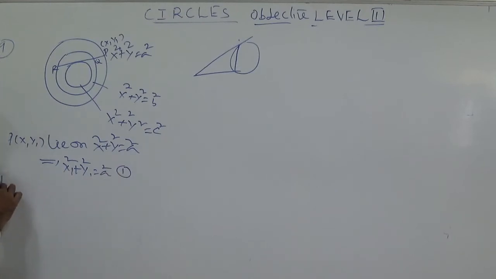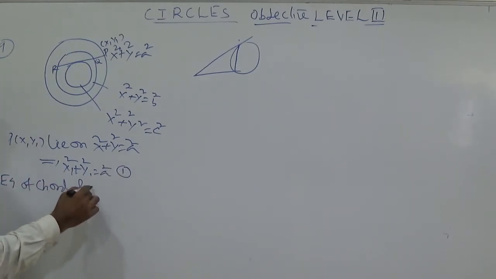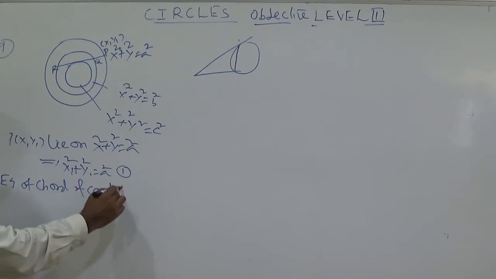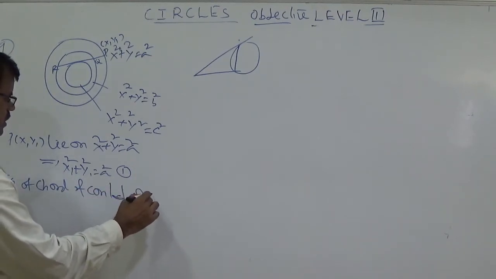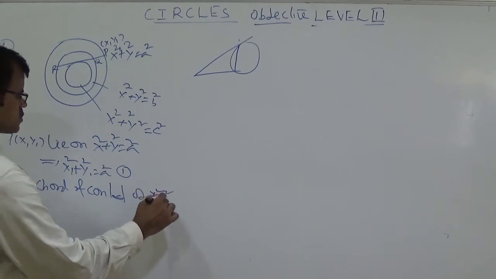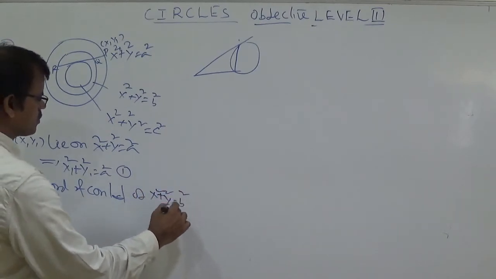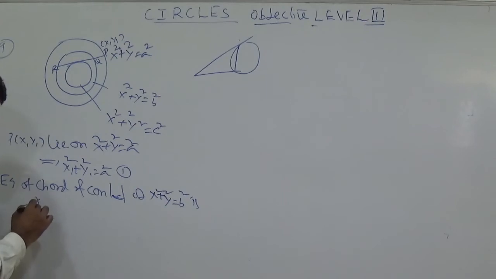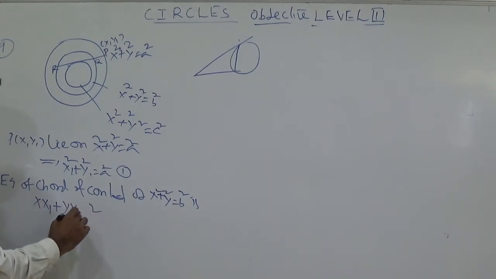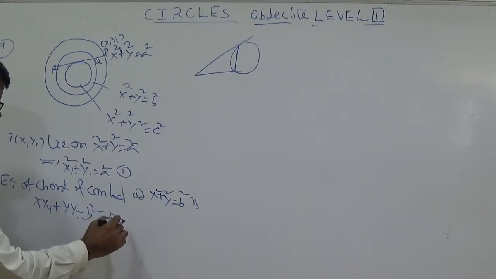That implies we can write x1 square plus y1 square equal to a square. Call it 1. Now, the equation of chord of contact of x square plus y square equal to b square, which is S1 equal to 0, is xx1 plus yy1 minus b square equal to 0.